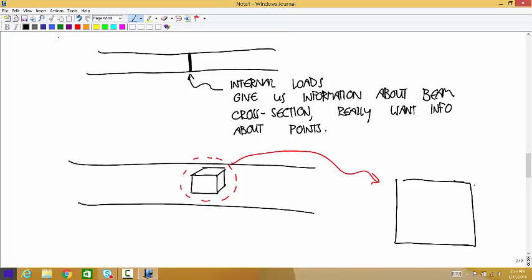Okay, so what's happening in general on the faces of this cube? That cube isn't different from its surroundings. It's just that we're deciding the piece we're going to isolate for our calculation is this cubic shape. So we have fixed joints between the faces of this cube and the surroundings.